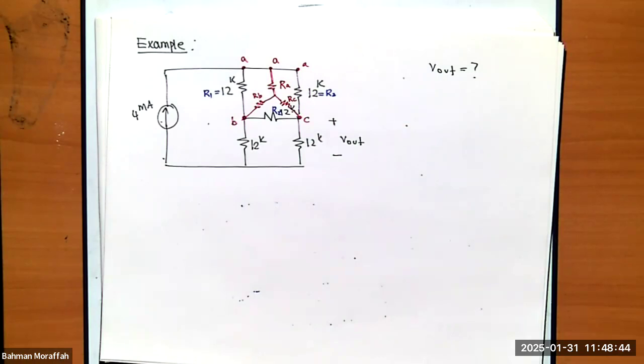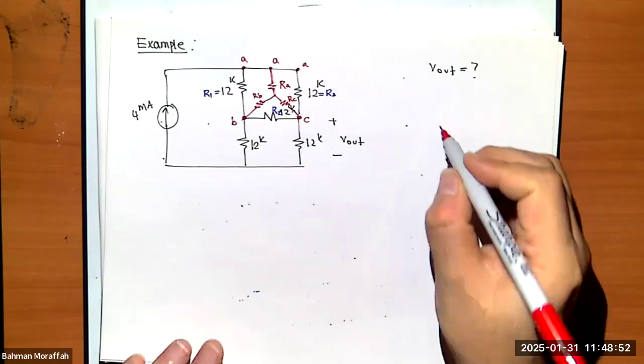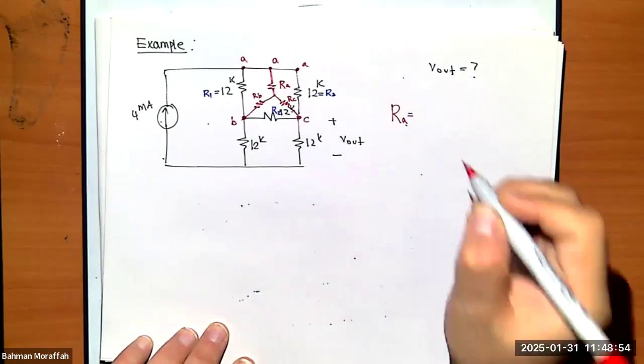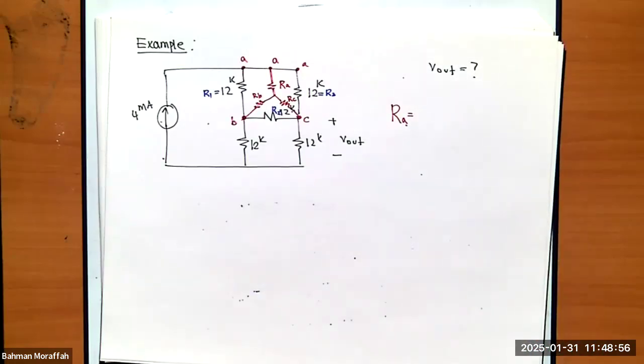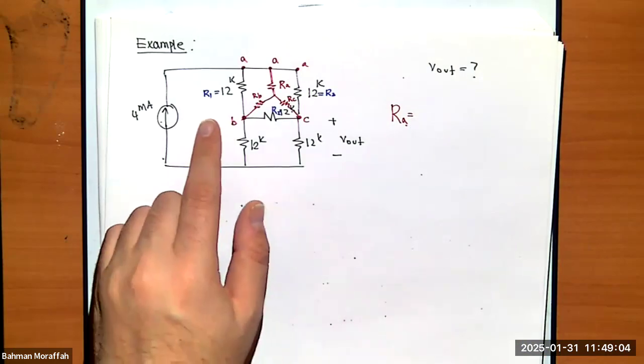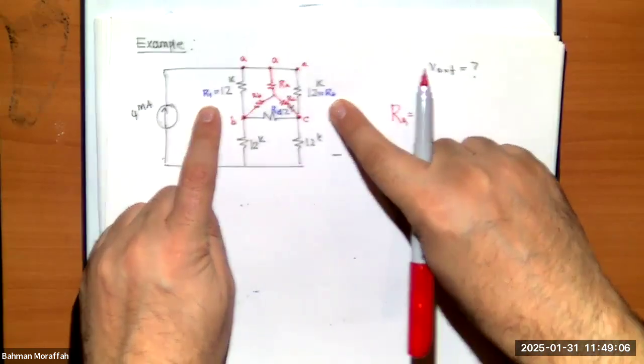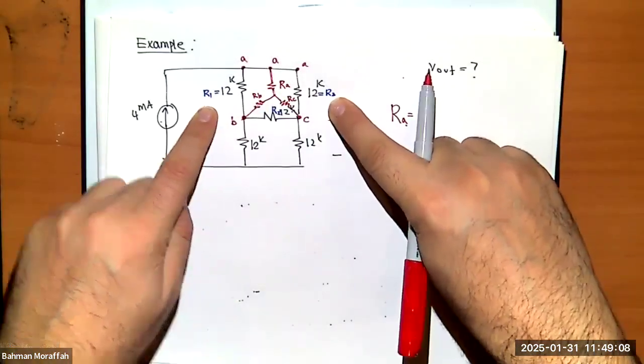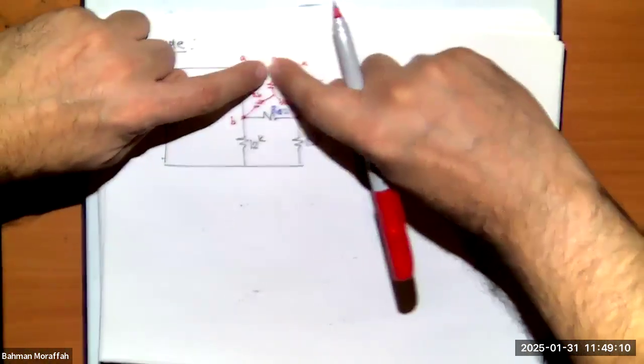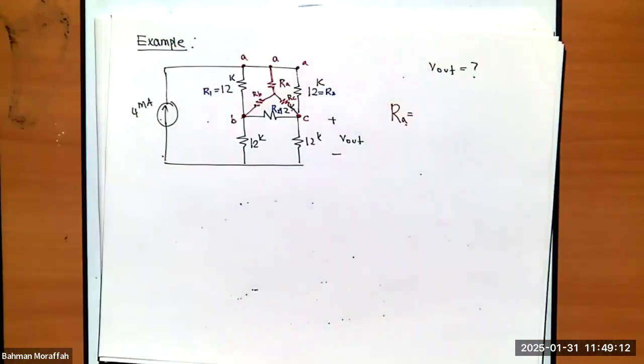If I want to find RA, what are the adjacent ones? Again, I'm going to look at node A and see what's connected to node A. What are the things that are connected to node A? R1 and R2. Right? Remember, I can basically grab these and glue them both over here.